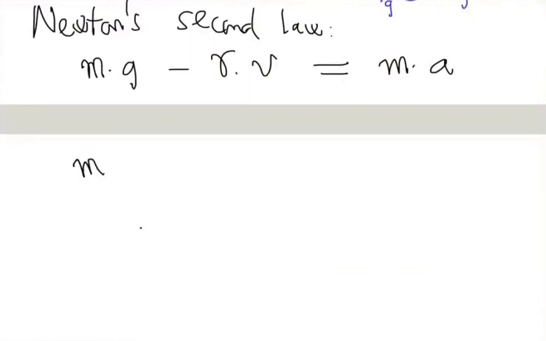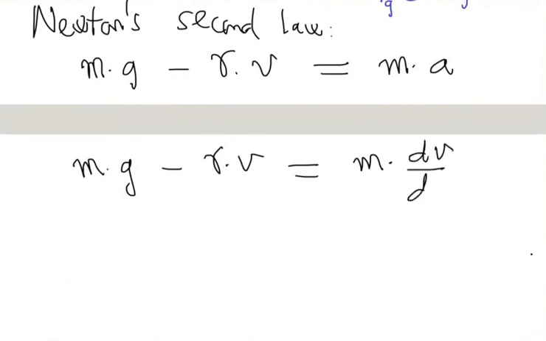So m g minus gamma v equals m dv/dt, remembering that the acceleration is the derivative dv/dt.